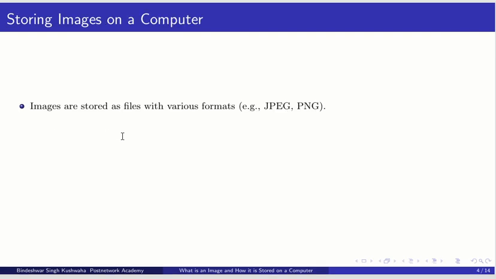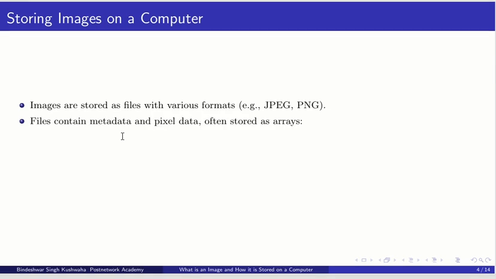Now images are stored as files with various formats like JPEG and PNG, and more like JPG, and there are many formats. Files contain metadata and pixel data, and are often stored as arrays.